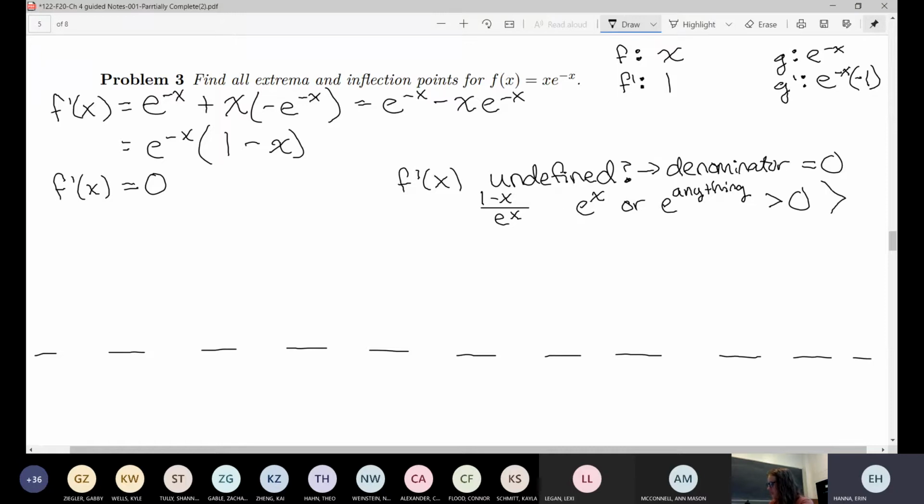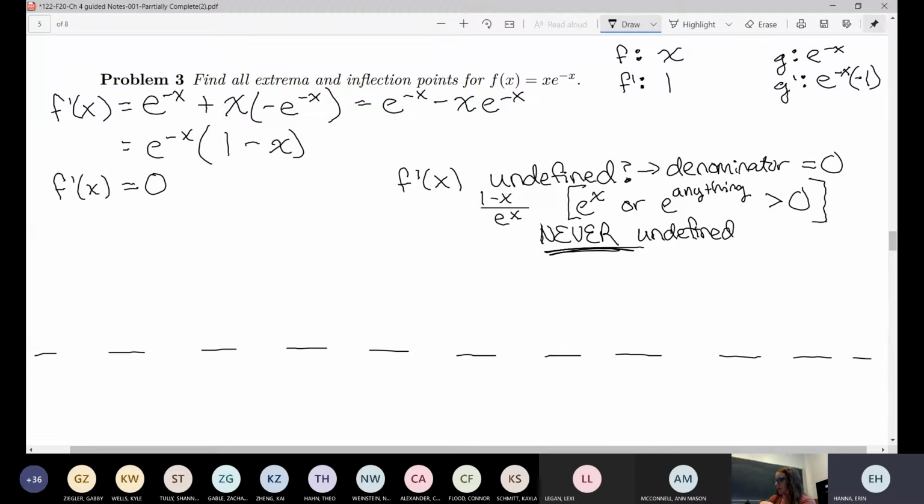So e to the x, or e to the anything, is always positive, always greater than 0. Hopefully that reshared correctly, Delaney. Let me know if it did. So that means that this derivative is never undefined. So we've considered it, but it never happens, so we move on with our lives.